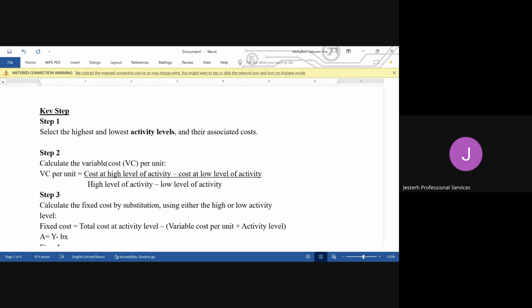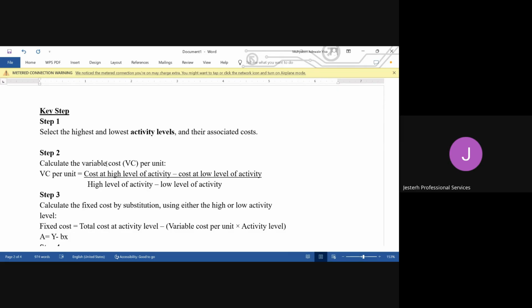And then the second one is the difference between our high level of activities and the lower level of activities. In the example that I'm giving, the high level is 500, the lower level is 300. 500 minus 300 is going to give us 200, the level of activities.